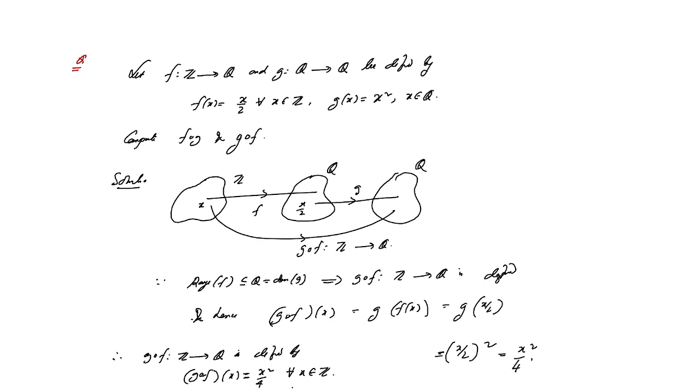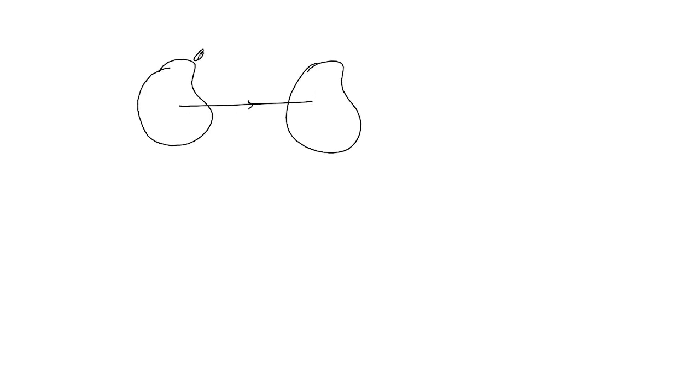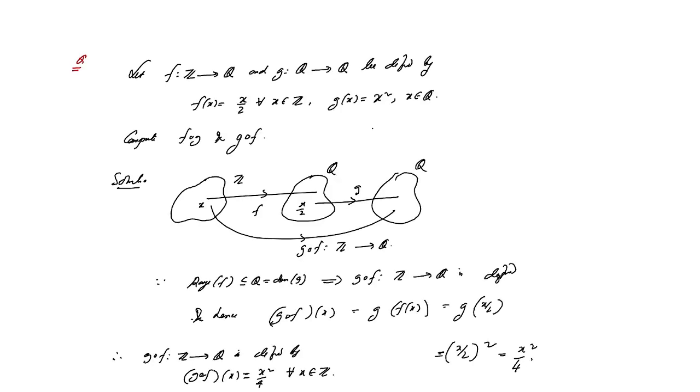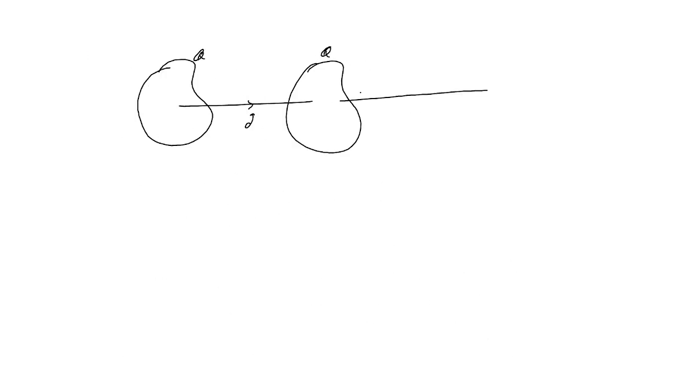Now we'll calculate F composed G. So G is basically Q to Q, and then F is basically Z to Q. Okay.